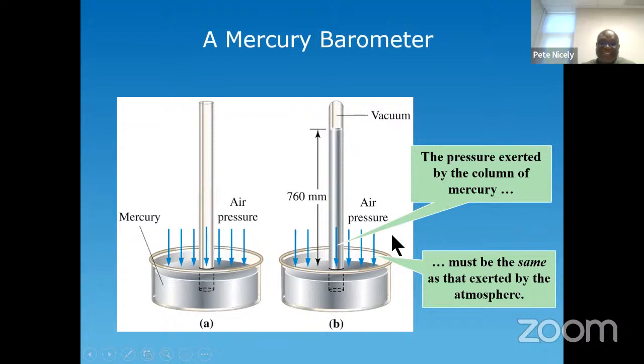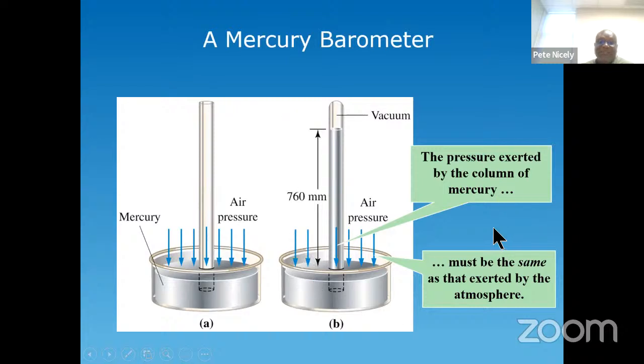What this indicates is that the atmospheric pressure exerted on the surface of the mercury outside the tube is equal to the pressure exerted by this column of mercury at the same equivalent point, which is at the same level as the mercury outside the tube, all right? So that's where the 760 number comes from, the height of mercury that will exert the same pressure as the pressure exerted by the atmosphere.